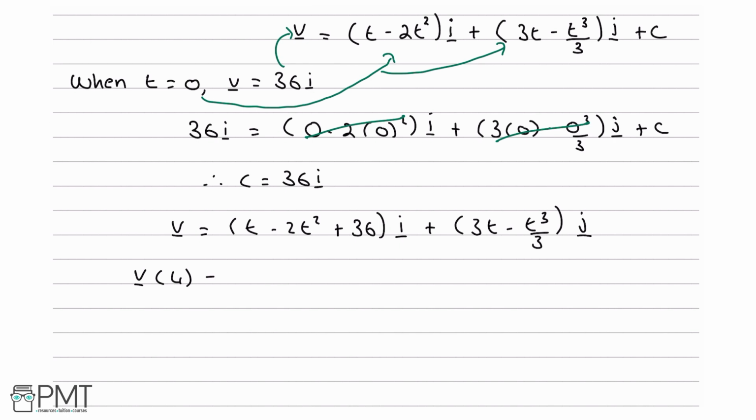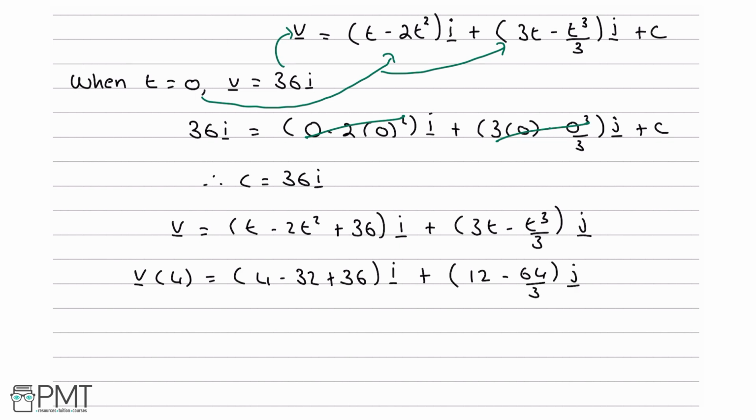So we're just going to do 4 minus 2 times 4 squared, which is 32, plus 36, i, plus 12 minus 4 cubed, which is 64, so this is going to be 64 over 3 j.